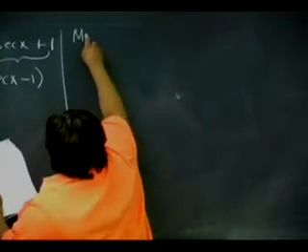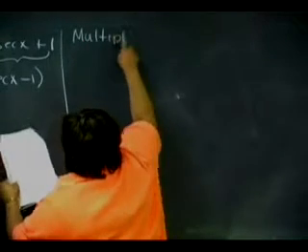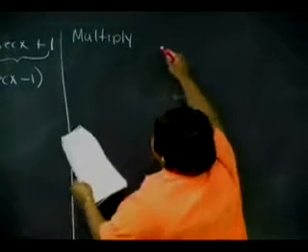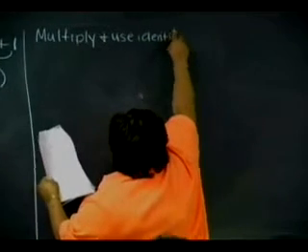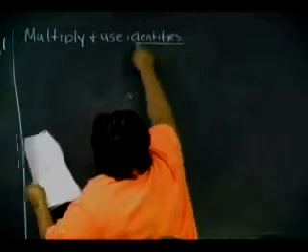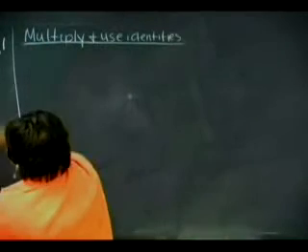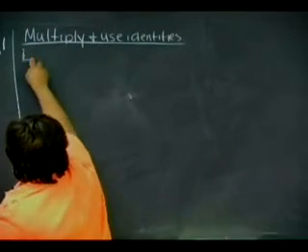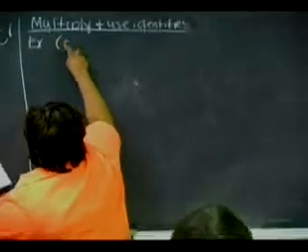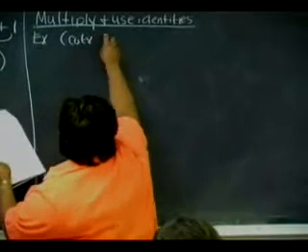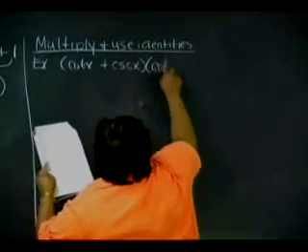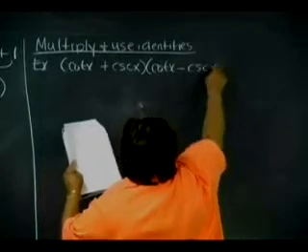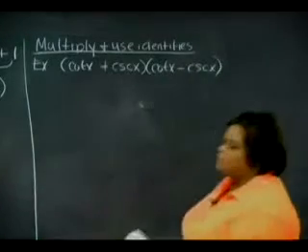Another example. Let's multiply and use identities to simplify. This next example, we have cotangent x plus cosecant x times cotangent x minus cosecant x.